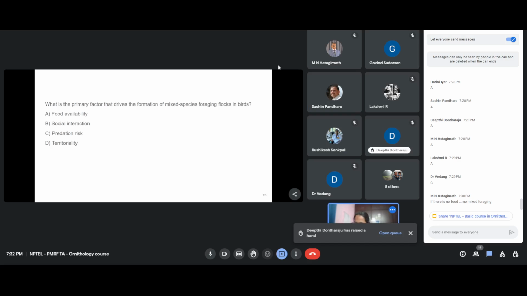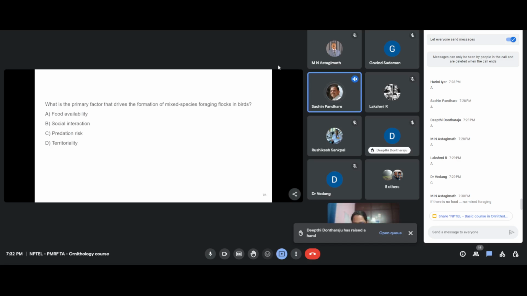So mixed species foraging flocks usually have birds with varied modes of foraging. So you won't find multiple species of pigeons together in a mixed species flock.